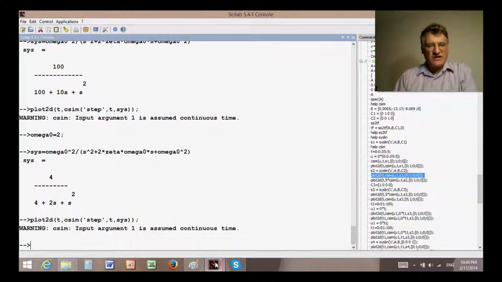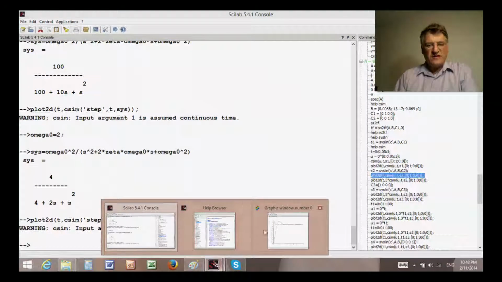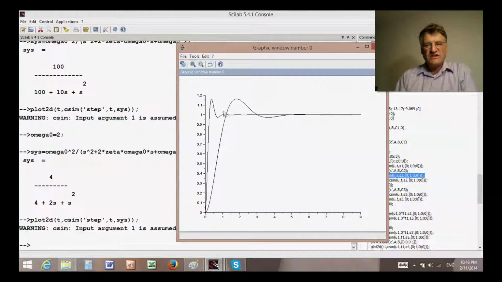We can change omega 0, and we can obtain a change in the response without changing the general shape of the response.